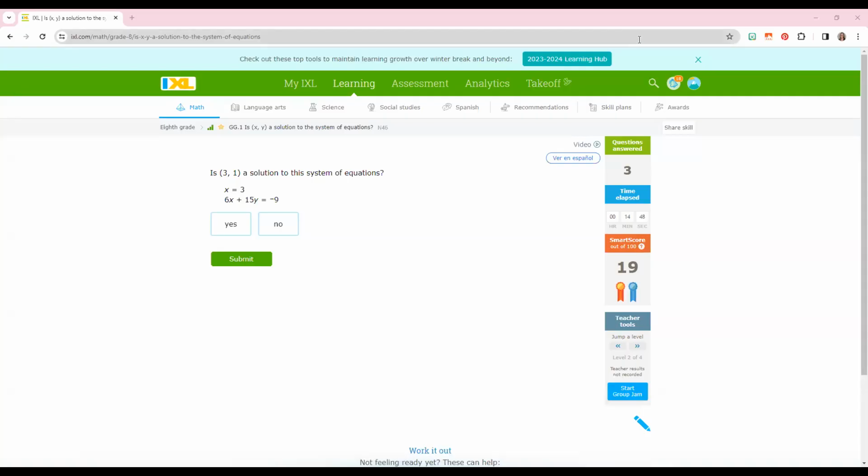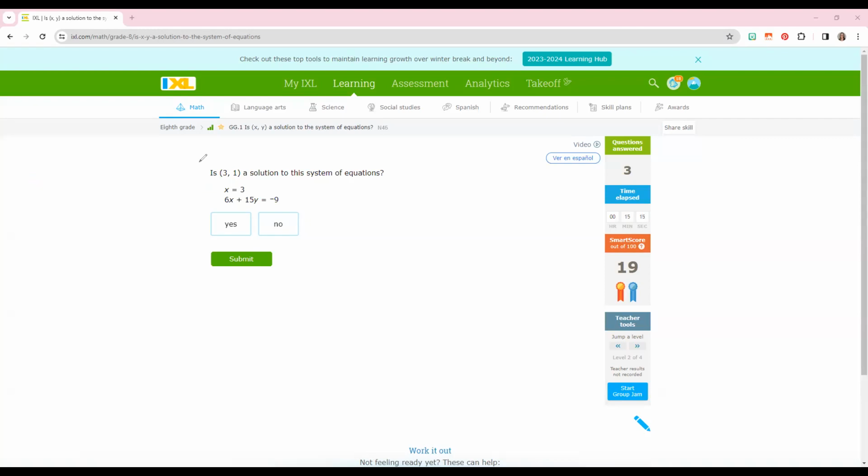All right, this will be the last problem we do together. We want to know if the point (3, 1) is a solution to these two equations here. You will sometimes get an equation that looks like this, that either represents a horizontal or a vertical line. So it's either x equals or y equals. It may look a little different. It may look harder, but it's actually a little bit easier. It's actually going to save you a little bit of time.